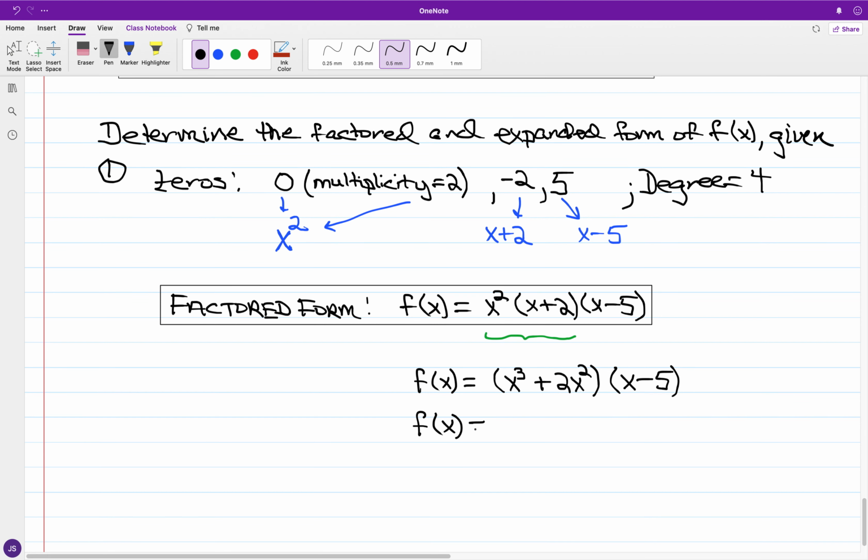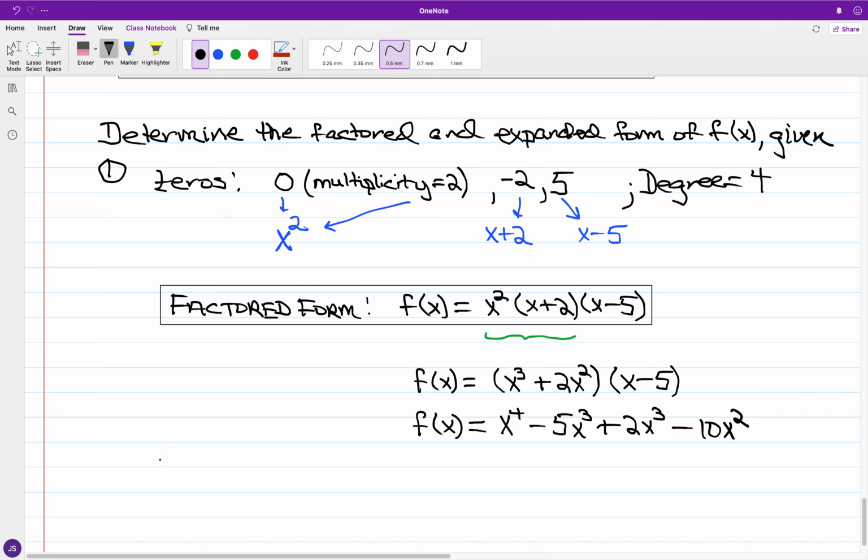And so we carry out the FOIL. So you have x cubed times x, which will be x to the 4th. The outside product we'll have is negative 5x cubed. And the inside product we'll have is plus 2x cubed. And 2x squared times negative 5 will multiply out to negative 10x squared.